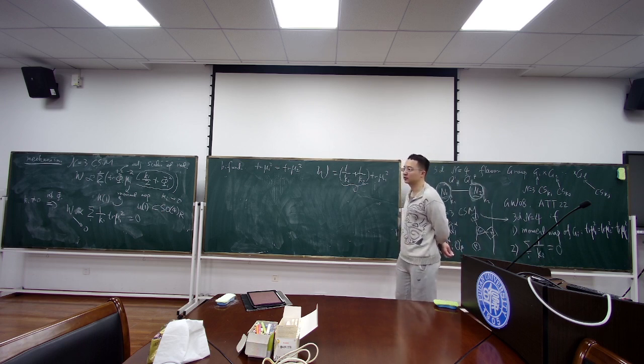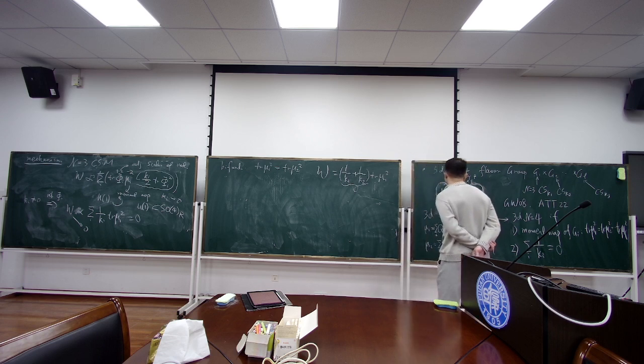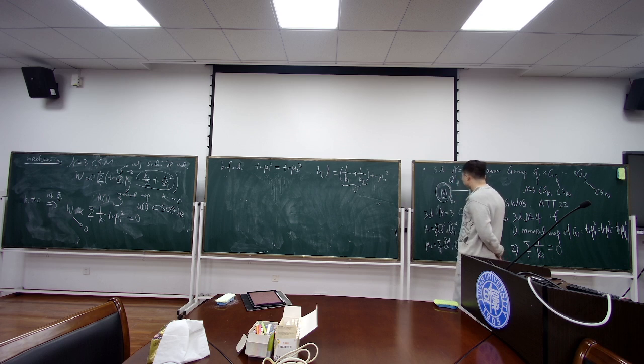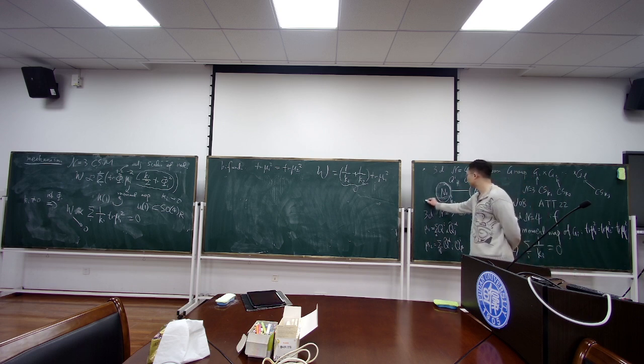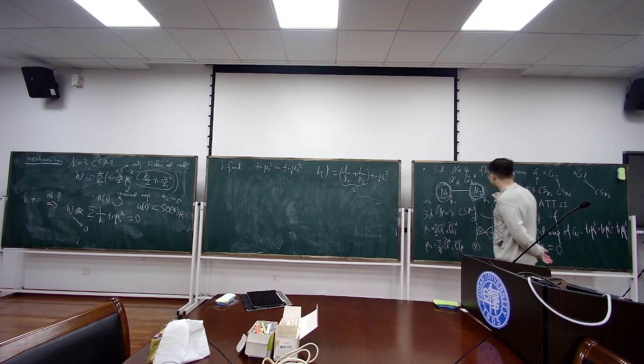I mean, for the left node, I just gauge a U1, and here U(N), with some level k2. Right, that's also fine.